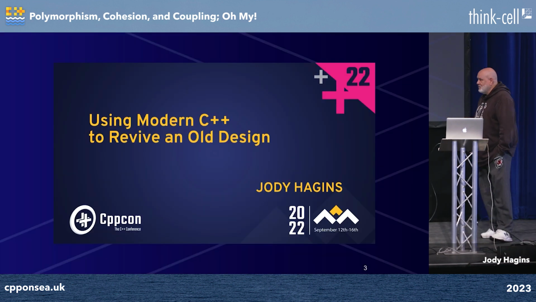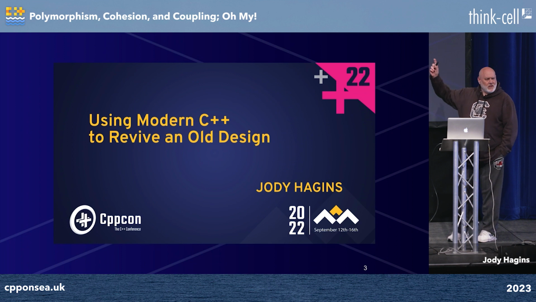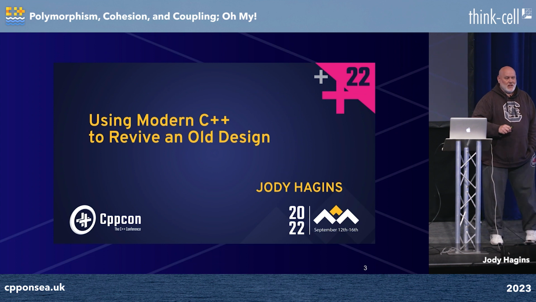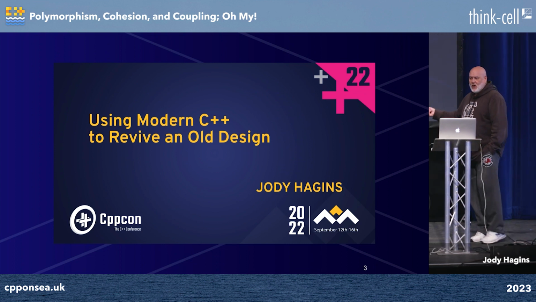This talk, how many of you saw this was my talk last year at CppCon? Anybody seen this? A few people, okay. So that means that I will go with option A, which is that this talk is part 2 of that talk.